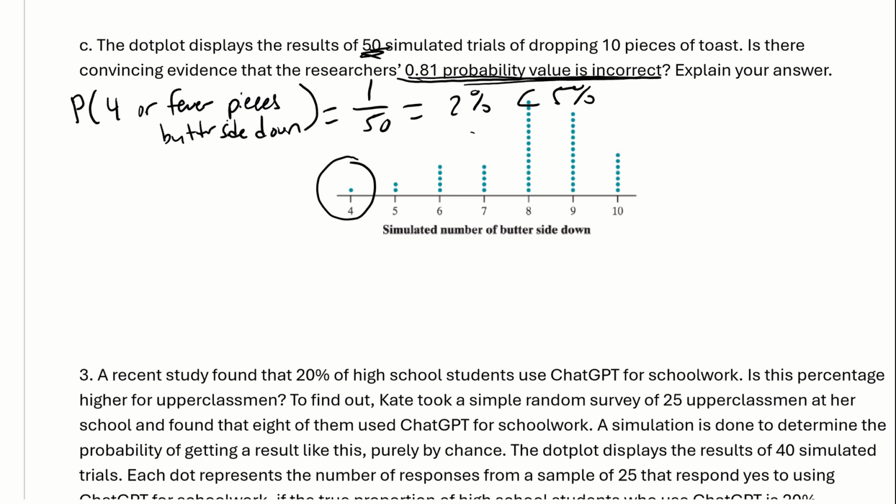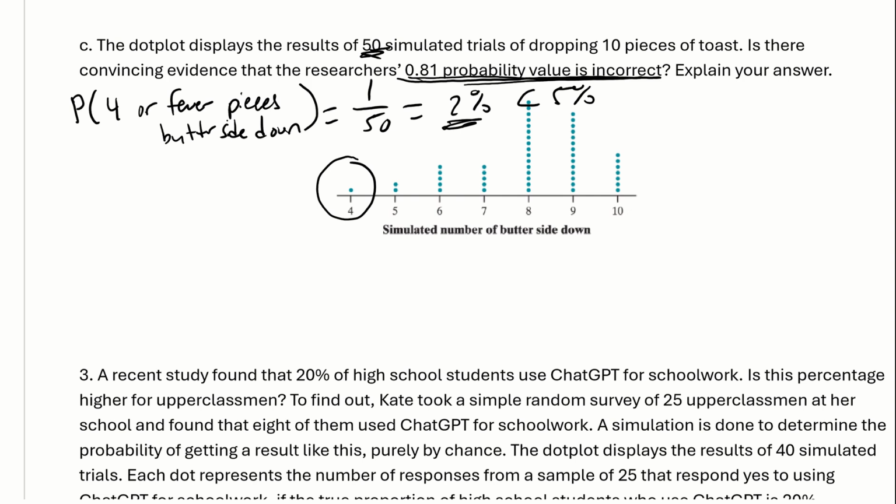Right? Because if the 81% chance were correct, this would be more occurring by chance, right? But it's not. It's very rare for that to occur. But guess what? It did occur. It happened to Maria, right? Maria experienced 4 pieces of bread that were butter side down.